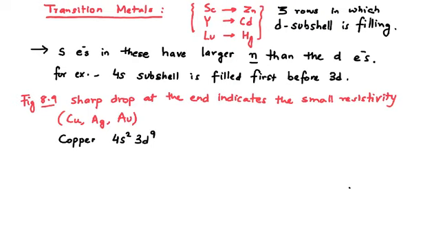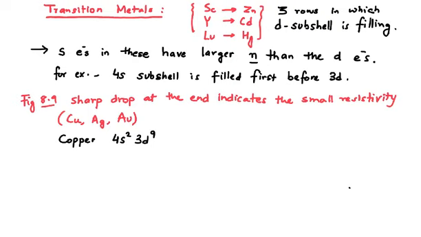It's important to note that the s subshell electrons in these have larger n than the d electrons, and that's because, if you remember when we gave the energy levels of various n and l, we saw that in some cases, for example, 3d is filled later on, and the 4s subshell is filled first.